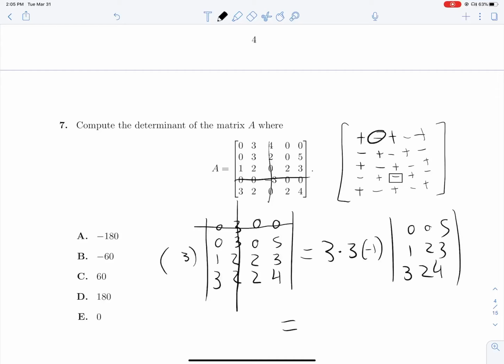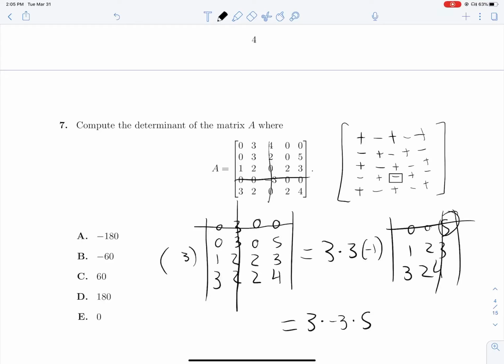We can expand this even further, and we'll have 3 times negative 3 times, we'll pull out this 5, and its position in a 3 by 3 matrix, which is just this section, is a positive sign. So we don't need to add anything there.